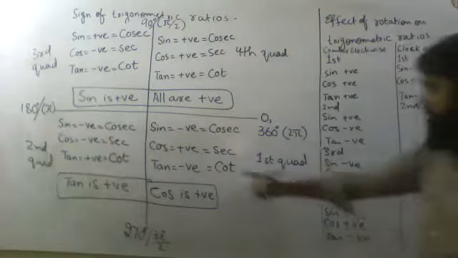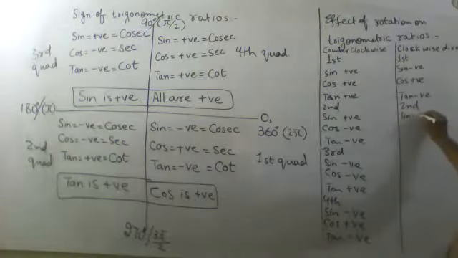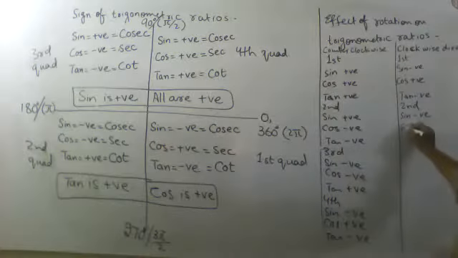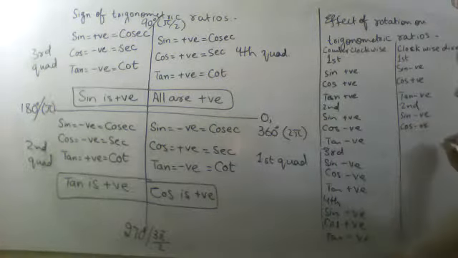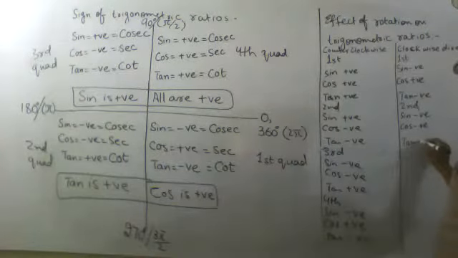Second quadrant, this is the second quadrant. Sine is negative, cos is negative, tan is positive.